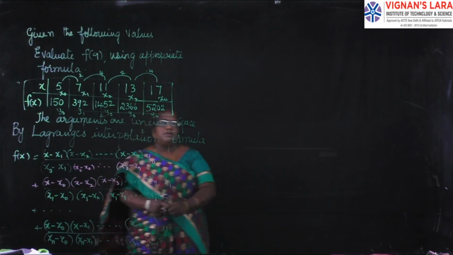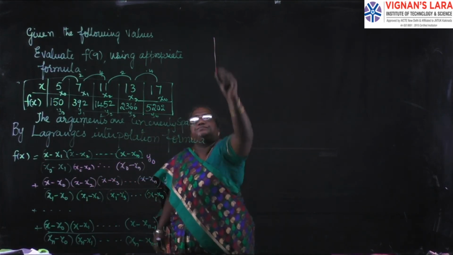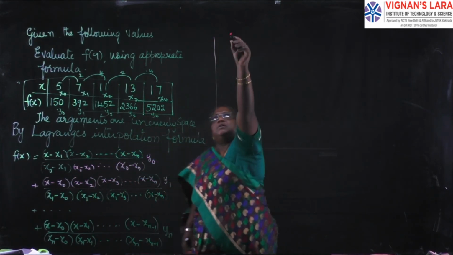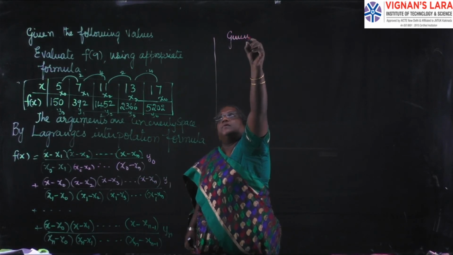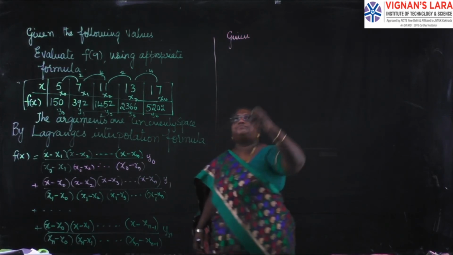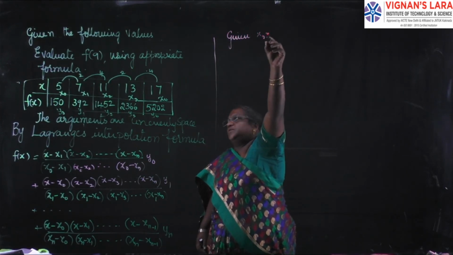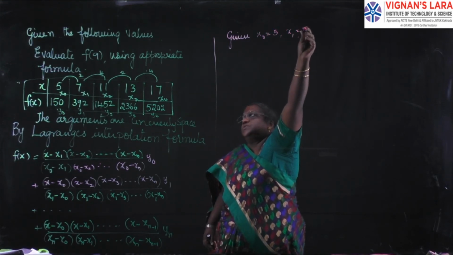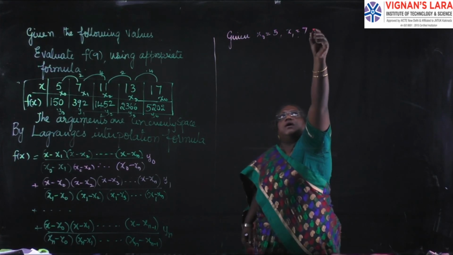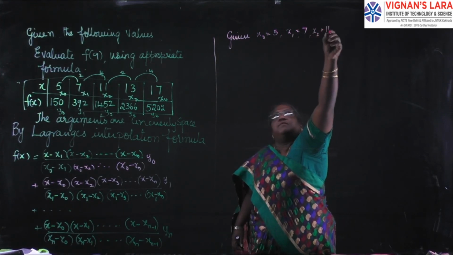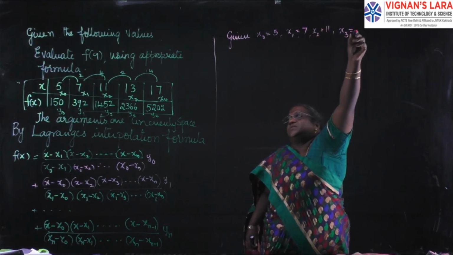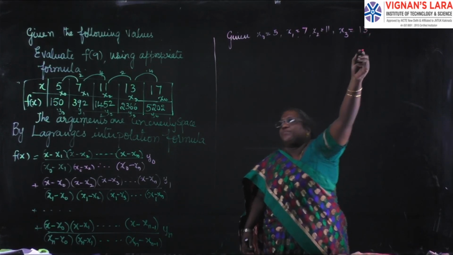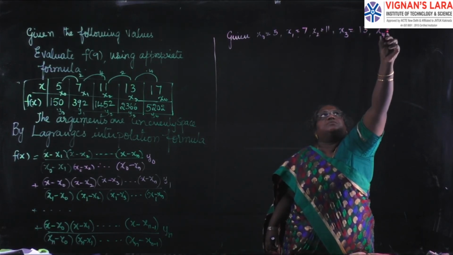So now what is given? x0 is equal to 5, x1 is equal to 7, x2 is equal to 11, x3 is equal to 13, x4 is equal to 17.